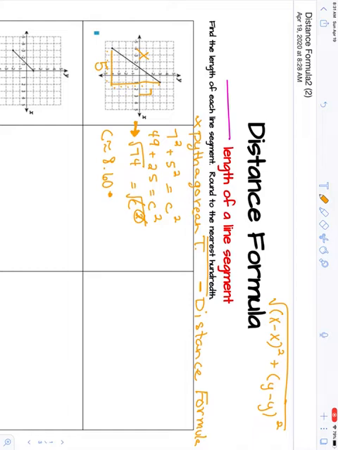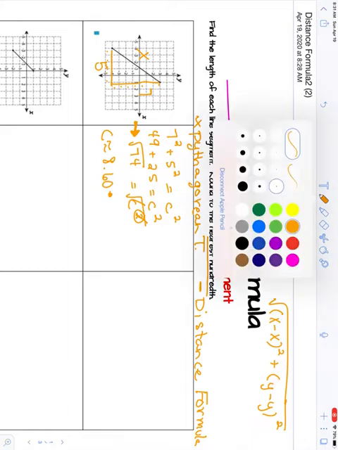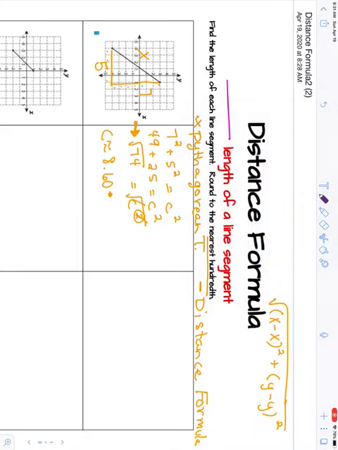All right, now let's look at doing that with the distance formula. So with the distance formula, we have to have our two ordered pairs. So our ordered pair here is 1, 3. And our point here is -4, -4. All right, when I do distance formula, I like to write it on top of each other.